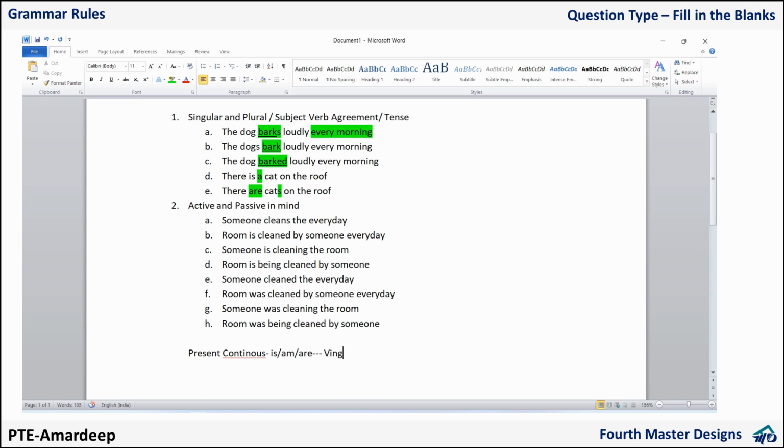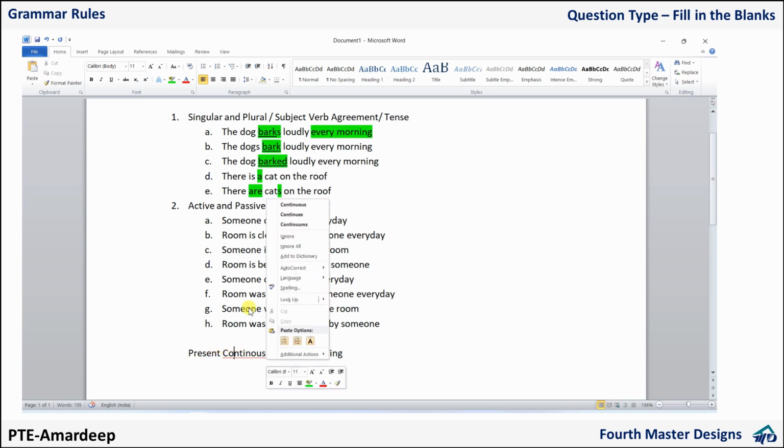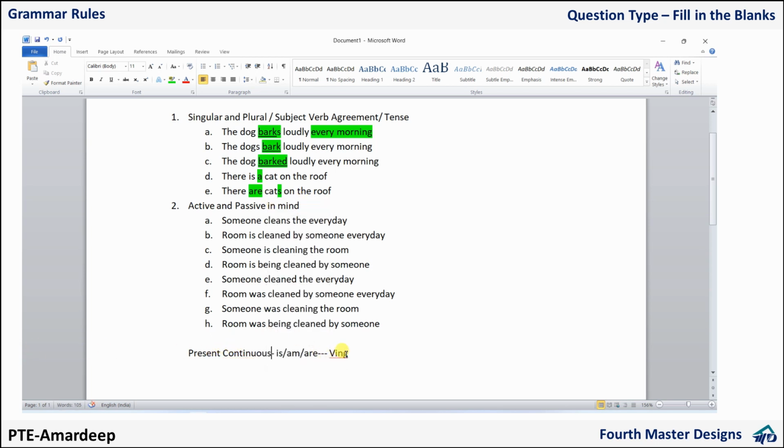Now, students know, if it is present continuous, it is your fourth form, ing. But here, if you see, with is you have ing, but with is you have third form also.